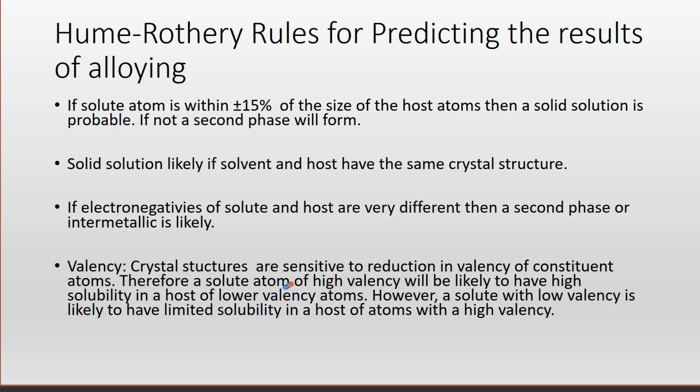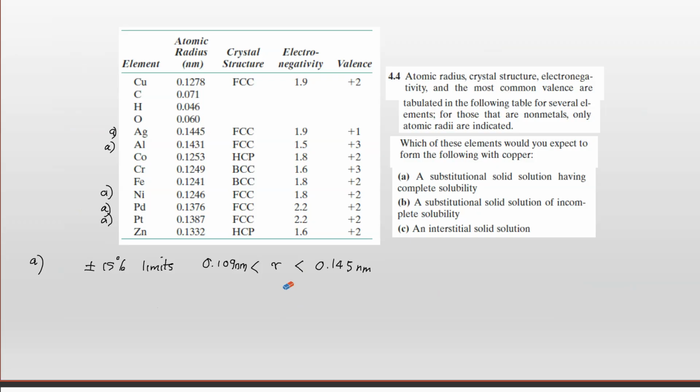If the electronegativity of the solute and the host are very different, then a second phase or intermetallic is likely. So here, let's have a look. Copper is 1.9, silver is the same, aluminum is 0.4 different. Although there's no exact cutoff given, I would say that's quite a small difference, unlikely to result in a compound.